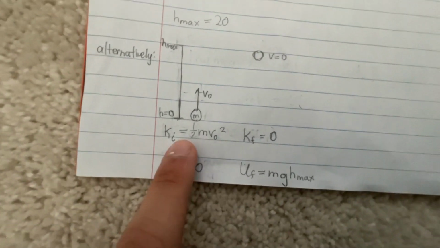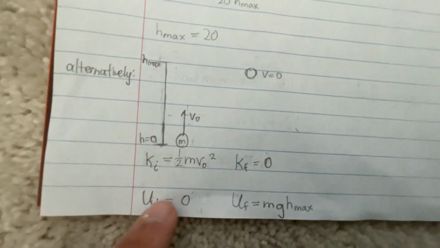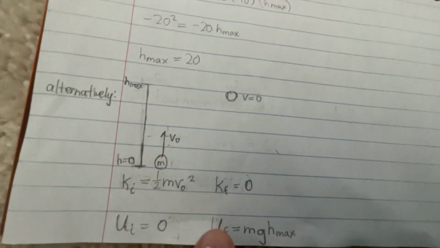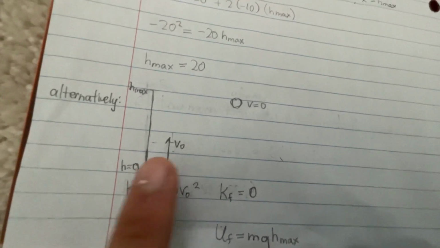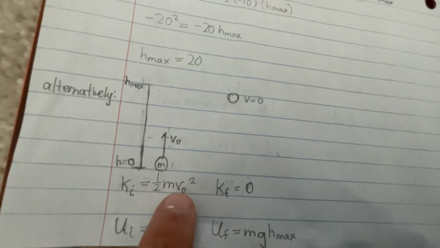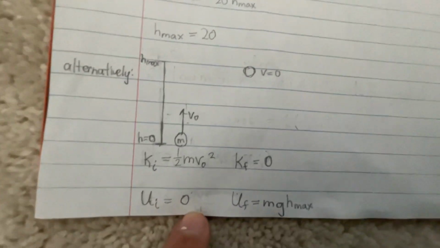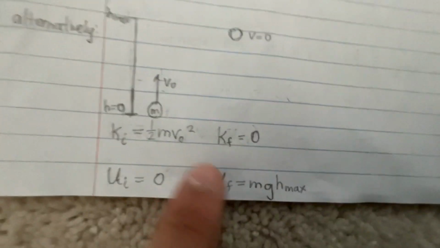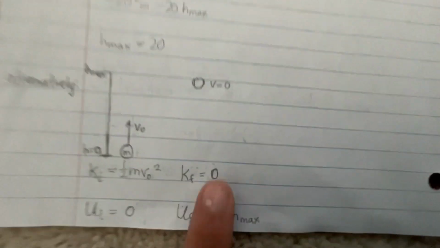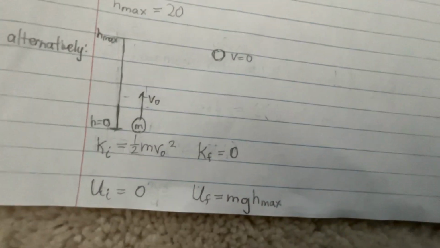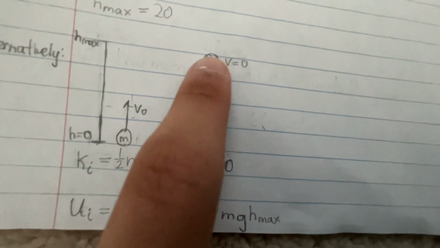Initial kinetic energy is 1/2 mv squared, where v is our initial velocity, and we have no potential energy because h is 0 and it's mgh, so that's 0. And at the top velocity is 0, so kinetic energy is also 0, and then we have mg h max, because it's right here.